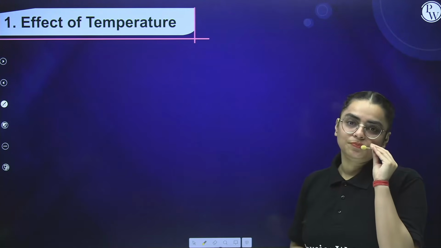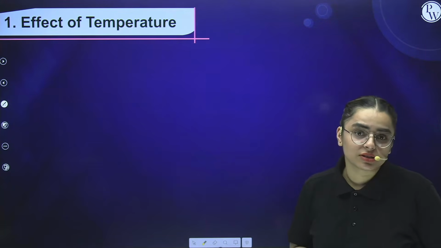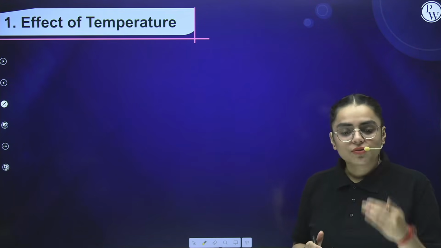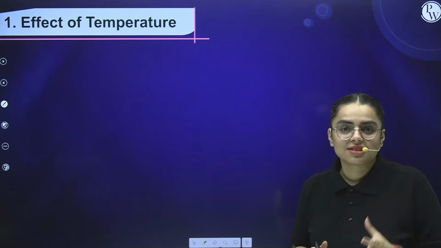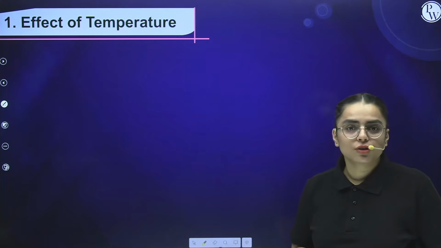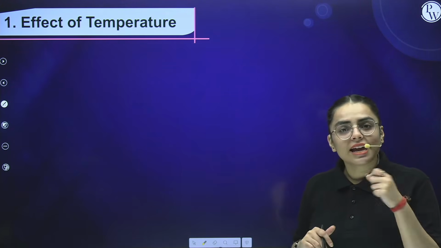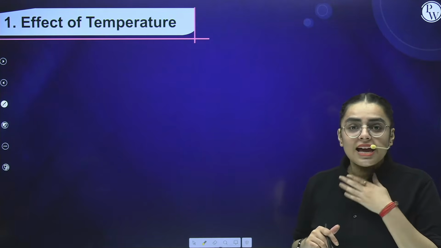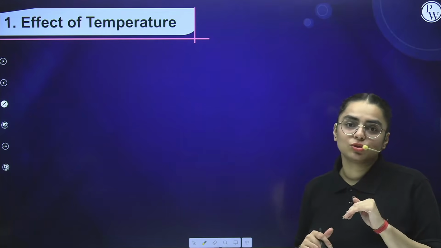First of all, there we are going to see effect of temperature, effect of pressure, effect of concentration, effect of inert gases. A lot of things. So very first is effect of temperature. Whenever I am talking about temperature, I am thinking that my reaction is exothermic or endothermic.